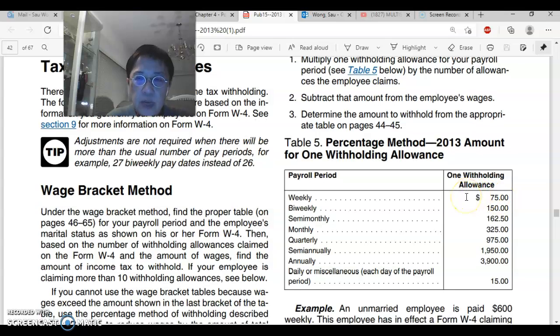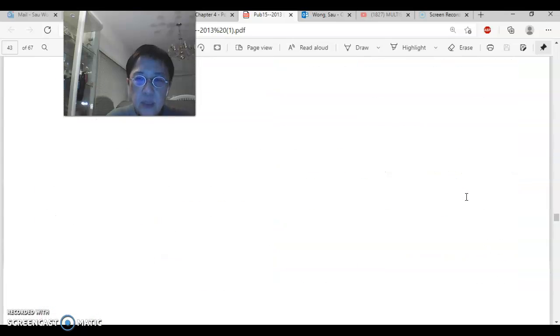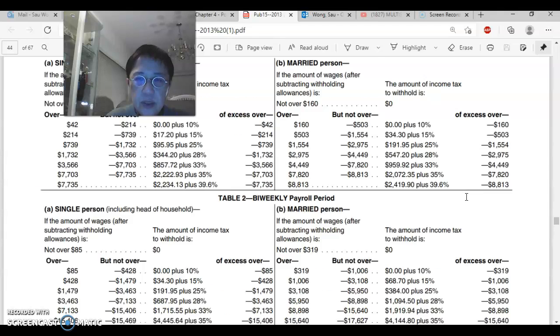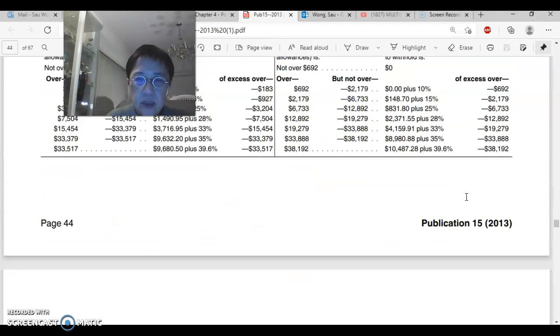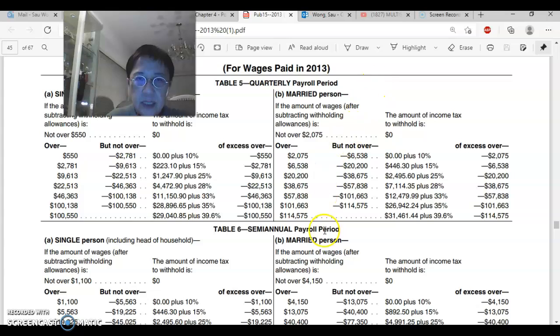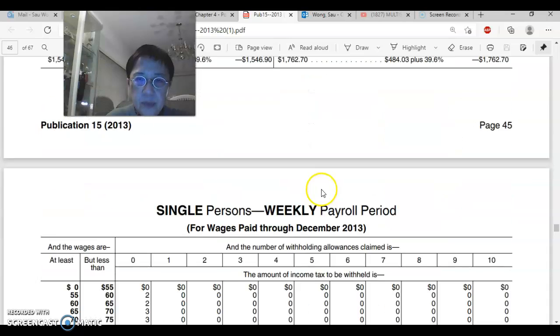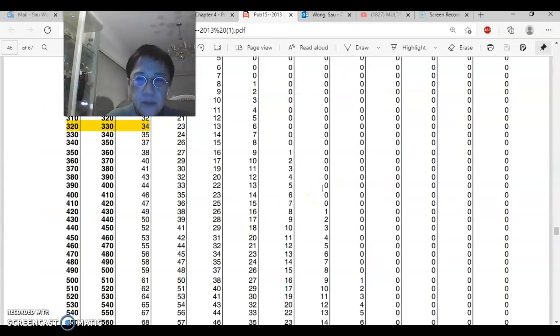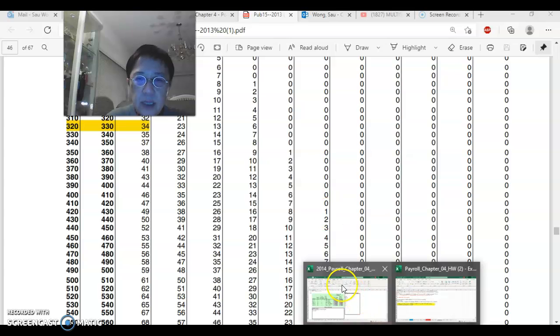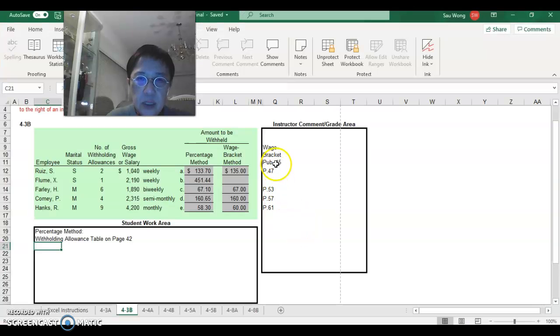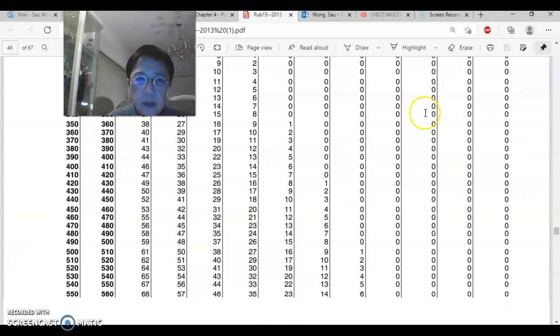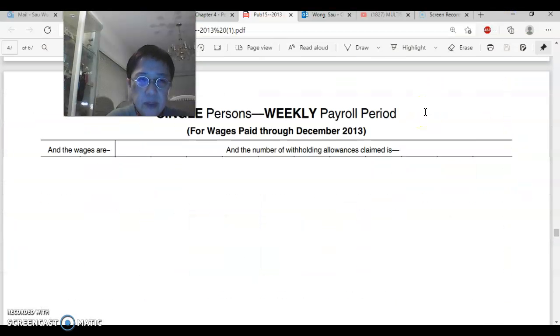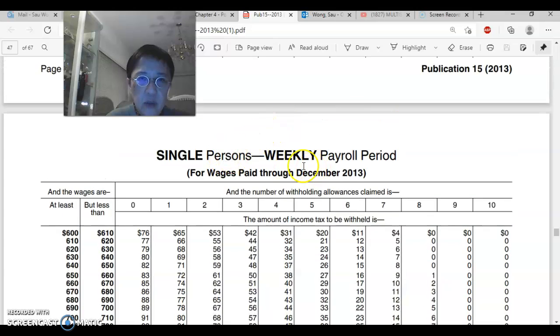But for the first one, we're going to use the wage bracket method. The wage bracket tables are underneath, and these above are all percentage withholding. The wage bracket is on page 47. Page 47 is right here: single, weekly.